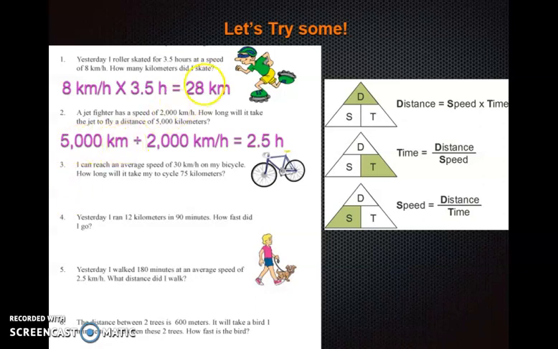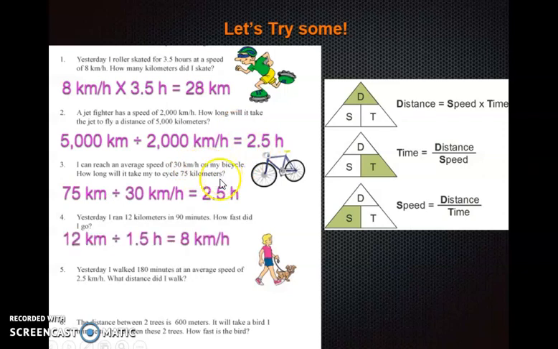In order to label your answer correctly, you need to make sure that you're taking whatever's already listed in there. If it's asking for kilometers, you know that your labeling is going to be kilometers. If it's asking how long, it tells you already kilometers per what? This would be hours, so I know it's 2.5 hours. Again, the same thing, it gives me the hours right here. For this one, it's asking how fast did I go?